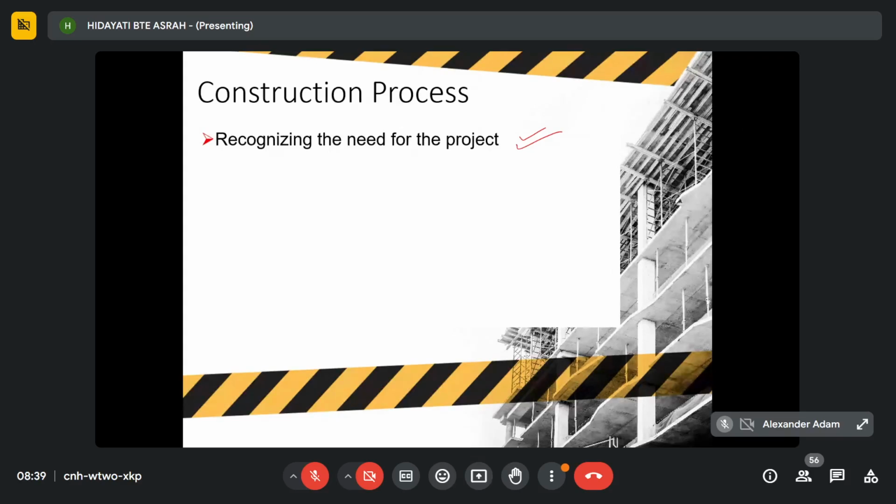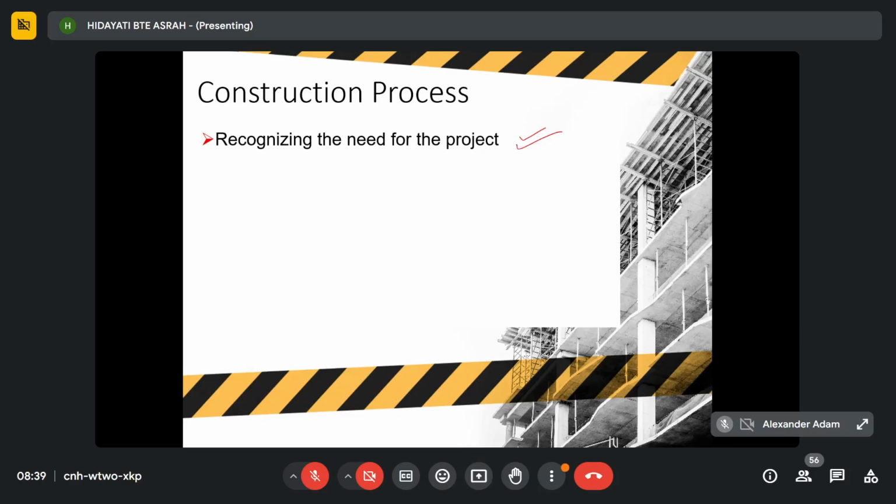This is when the client or owner dreams up a building or facilities that they want. So you must recognize what they actually need. Everything must be done with care to ensure successful construction later.